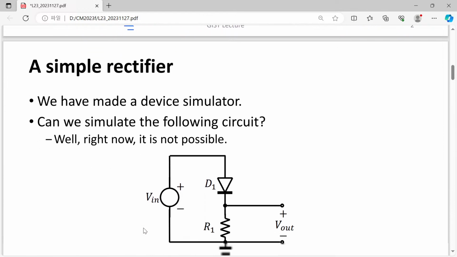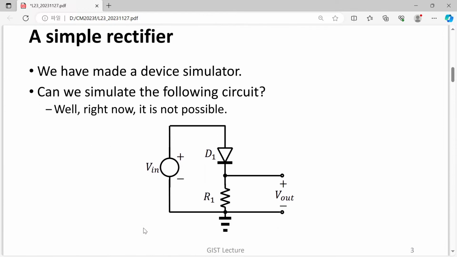I just prepared the same example here. This is called a rectifier. Up to now we have made a device simulator. If we have this circuit, what we can do is simulate the DC characteristics of this D1.